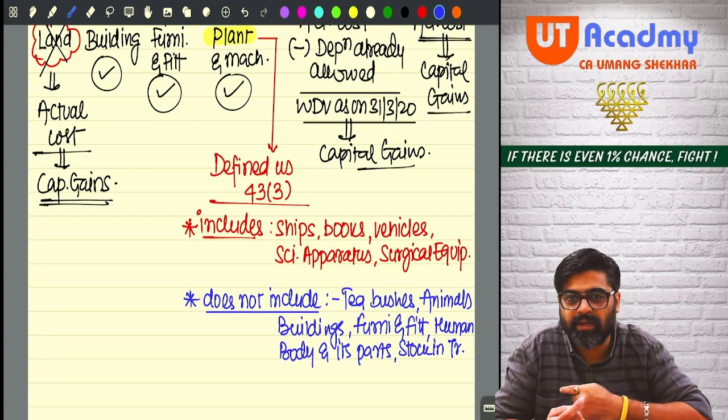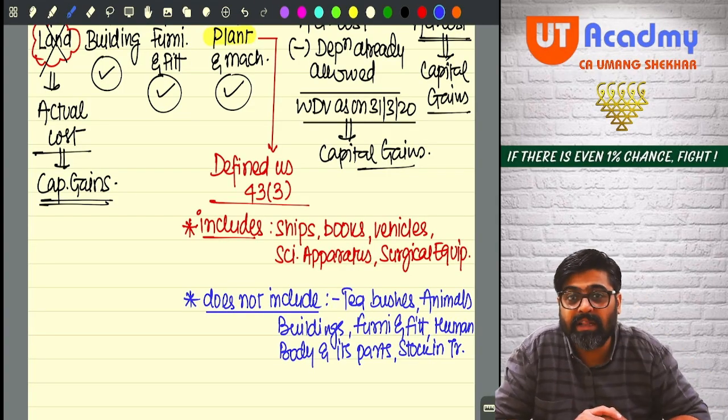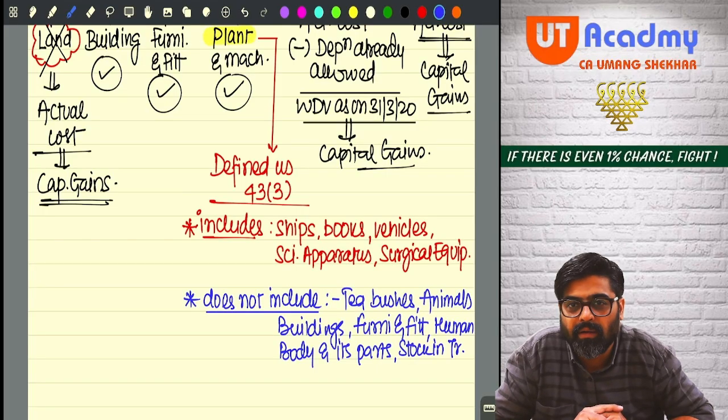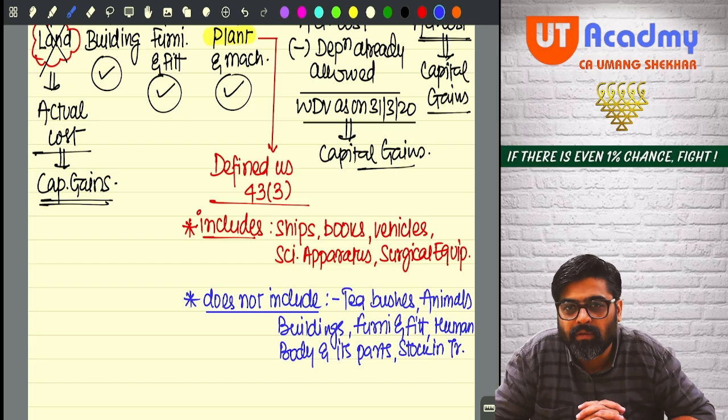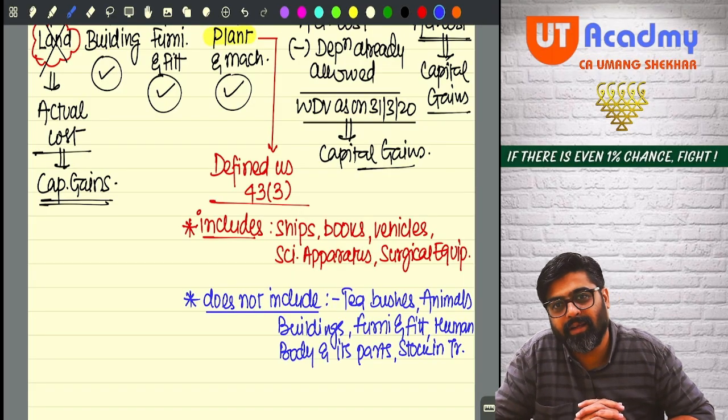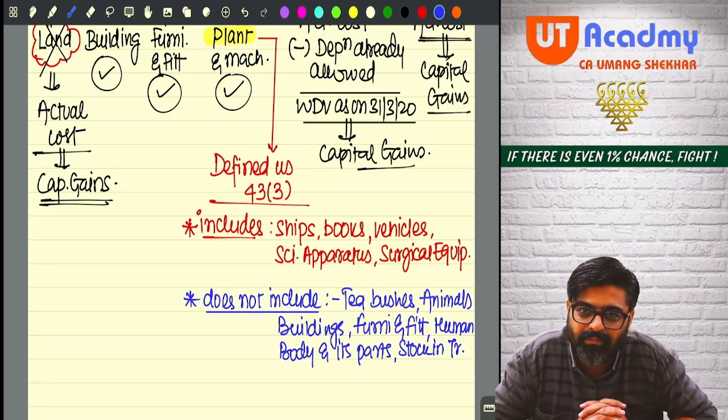If a lawyer is there, in the profession of lawyer, heart and brain both are used. So he cannot say that his heart, brain, entire body is used as an asset in his business or profession. I cannot say it either.